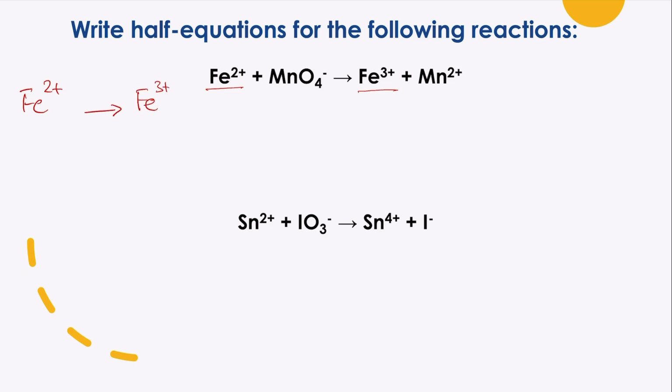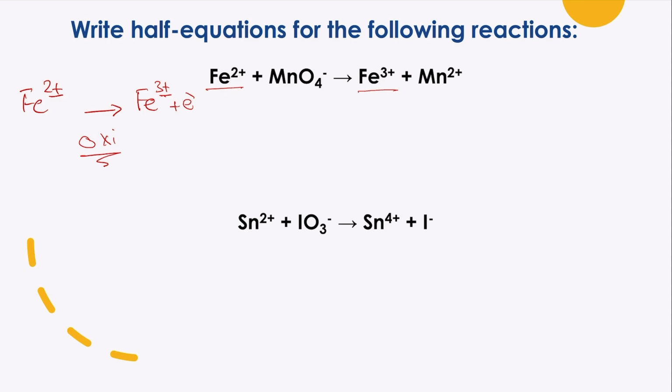It lost an electron, so there must be an electron here. And this half equation is representing the oxidation half equation, because it was 2+, it became 3+, so it lost an electron. And I have to be careful when I'm writing it. I shouldn't write iron. No, it is not iron, it is Fe2+, it became Fe3+.